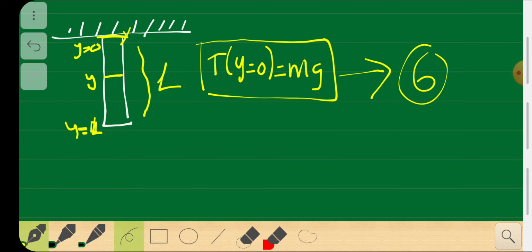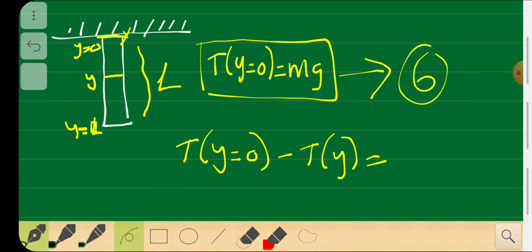So T at y equal to 0 minus T of y will be the mass m1, I'm calling it m1, times g, right? This m1 is the mass hanging beneath this surface, so whatever the mass is beneath this point will determine the tension inside this part.